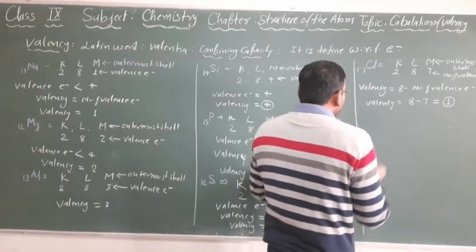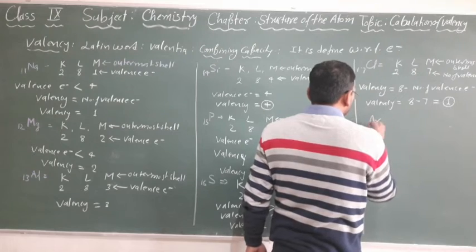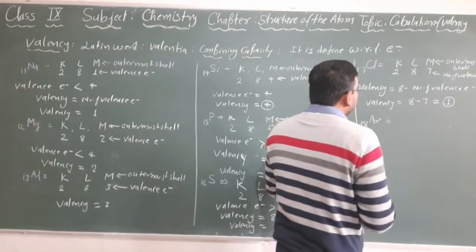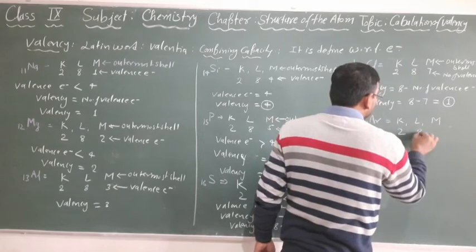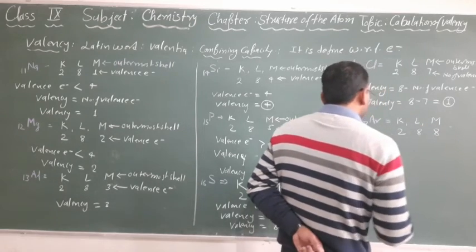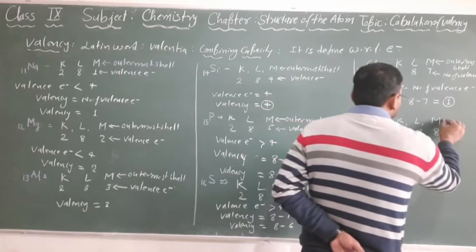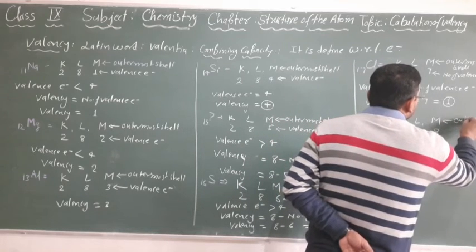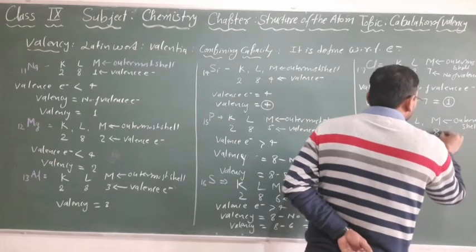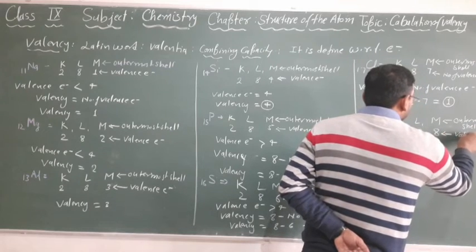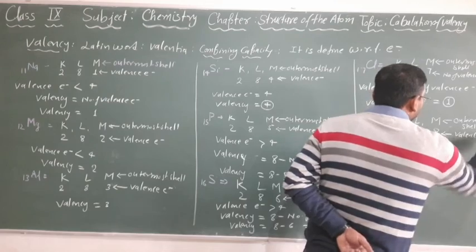Next is argon 18, electronic configuration K L M 2 8 8. So here, this is the outermost shell and this is the valence electron.